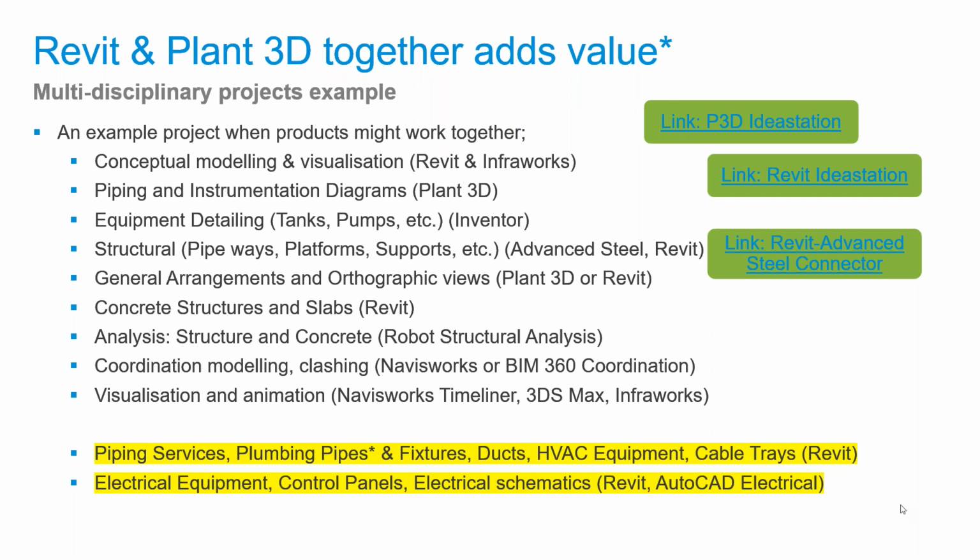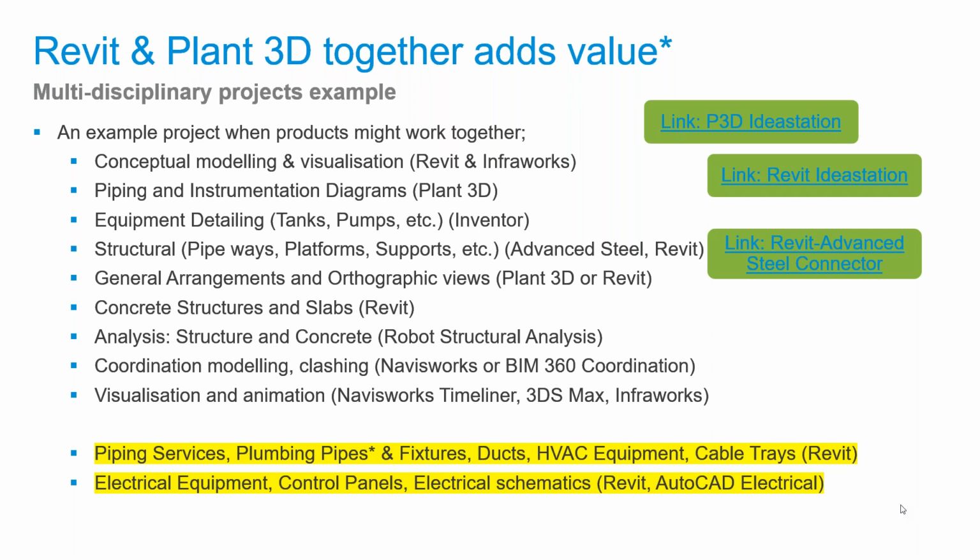And the analysis of these structures and concrete can be very efficiently done in Robot Structural Analysis. And we come back to the coordination for clash detection and so on. Navisworks or BIM 360 Coordinate, and you can even simulate the construction using the Timeliner within Navisworks, and you can also render the full units in 3ds Max and InfraWorks.